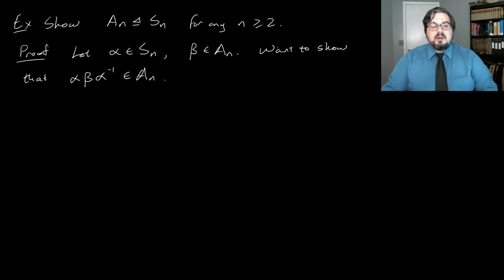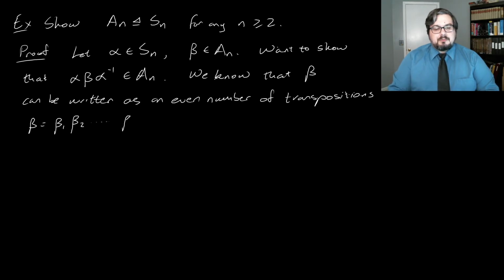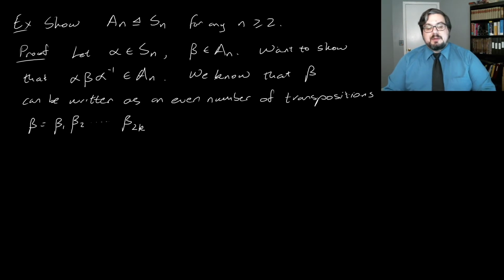So we know that beta can be written as the product of an even number of transpositions. So we can have that beta is equal to beta 1, beta 2, up through beta, we'll say 2k, because we know that the number of transpositions that we write beta down as is even, so it's a multiple of 2.